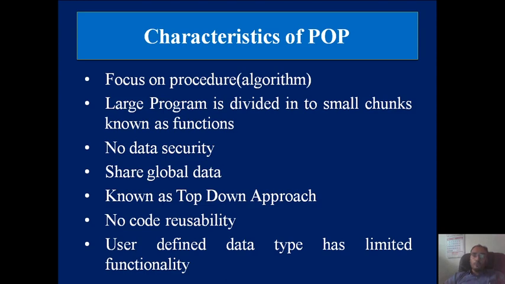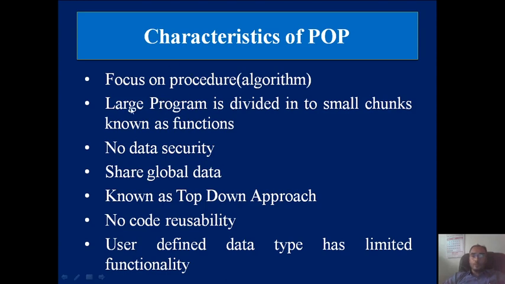If we look into the characteristics of procedural oriented programming language, as we have discussed, it focuses on procedure rather than on data. So in that programming language, the major important factor is how to execute the task rather than what to execute the task on. That means data is not that important and neither secure in that programming language.